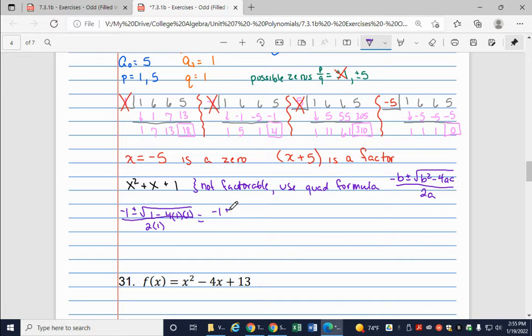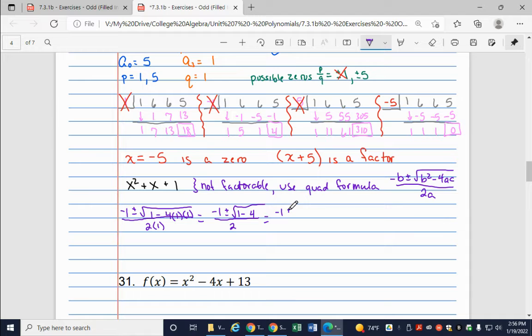Negative 1 plus or minus the square root of 1 minus 4 times 1 times 1. 4 times 1 times 1 is 4. Over 2 times 1 is 2.